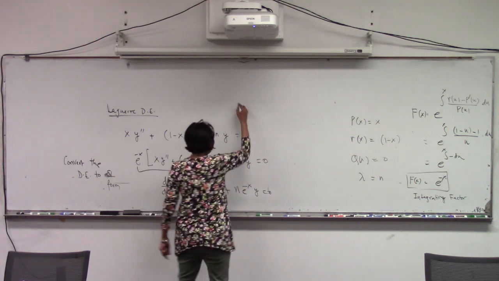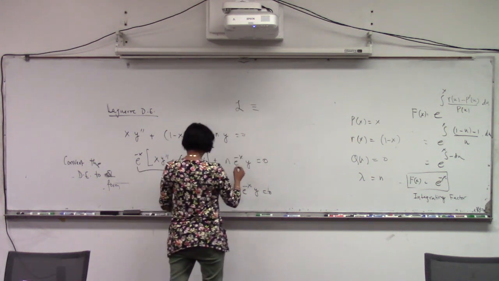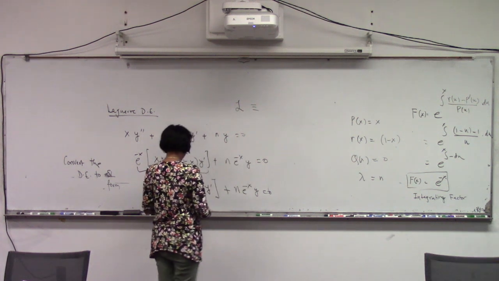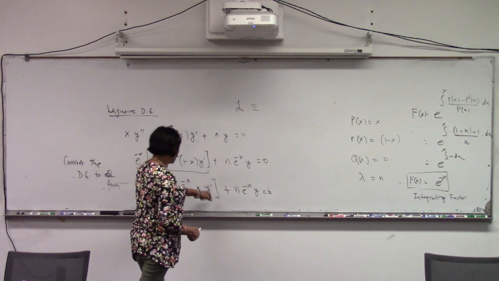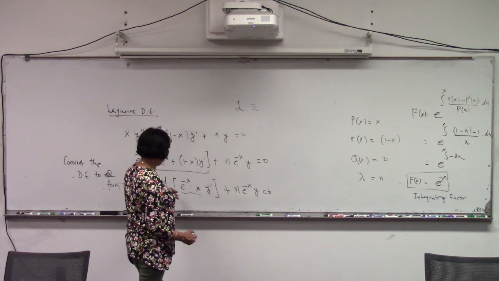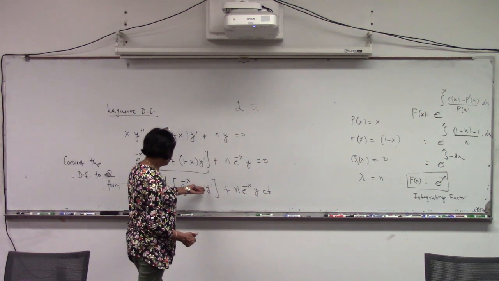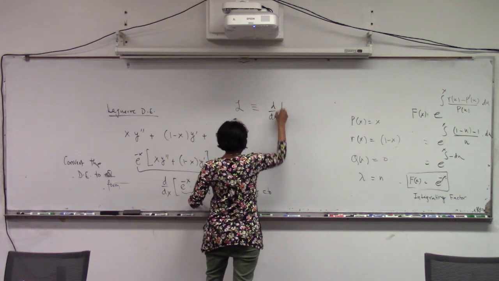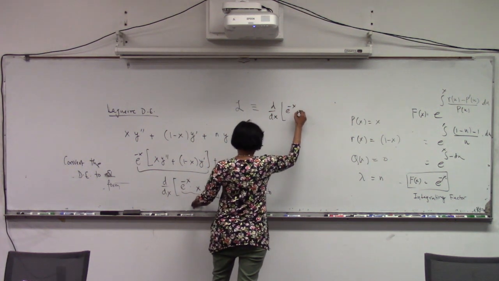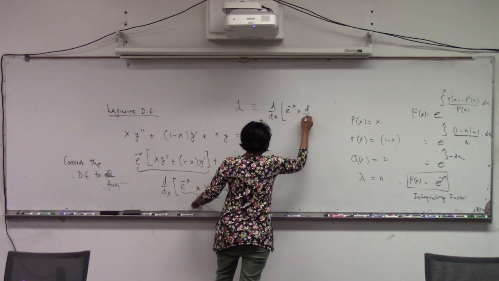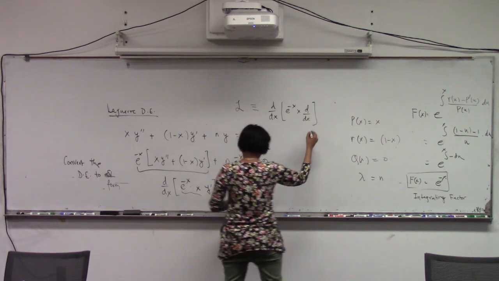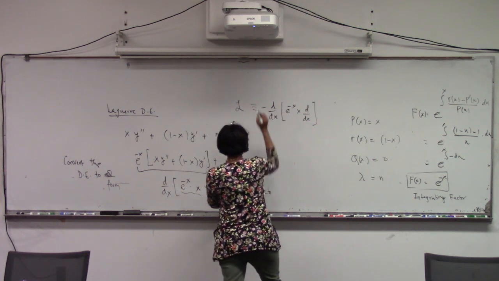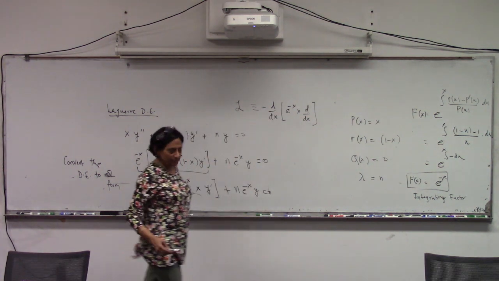So basically your L operator now is d over dx of all these things. So this is your L operator, plus, you can adjust the sign and keep it as positive if you want.